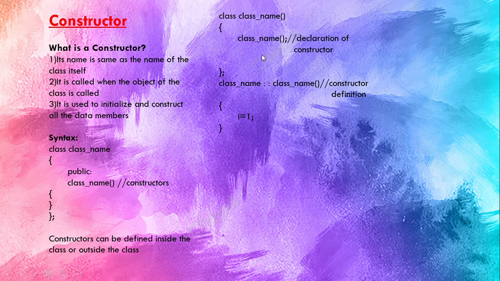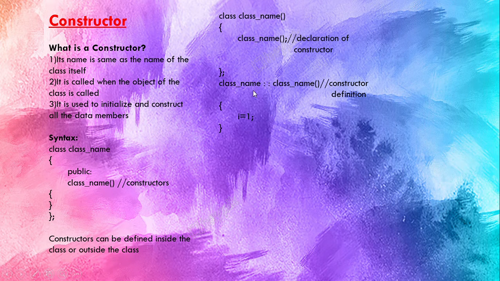Now I am giving it a definition outside the class. Here the semicolon is, that is, the class has ended over here, and now I'm writing the class name, the scope resolution operator. These four dots are called the scope resolution operator. So this scope resolution operator is used, and then we write the class name again with the parentheses.